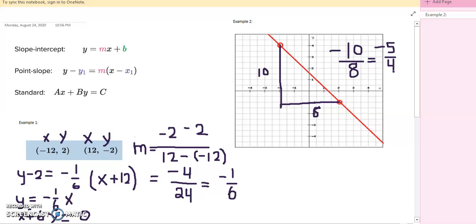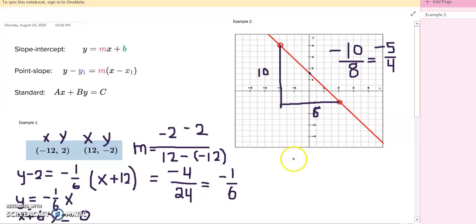And once I know the slope, same thing. You can either use the point-slope or the slope-intercept. So this one has a nice intercept, it goes through the y-axis here. We can tell that it goes through 1.5. So I'm going to use the slope-intercept form. So I have my intercept right there.